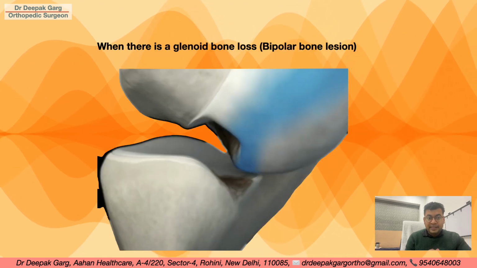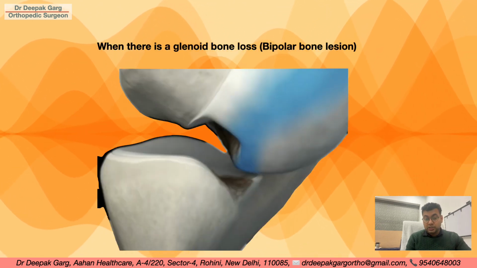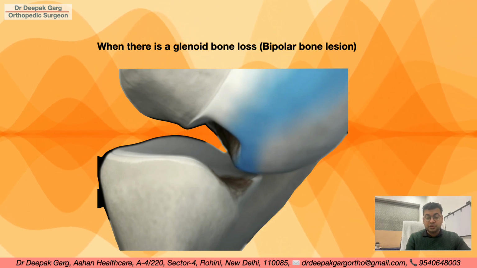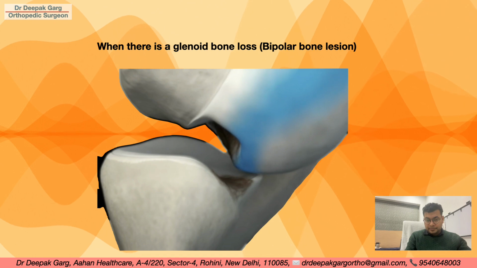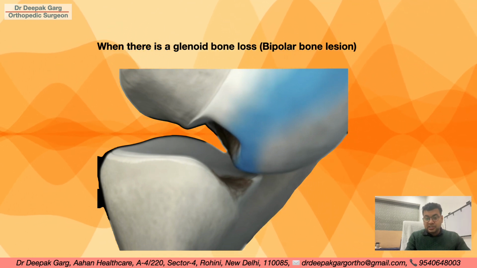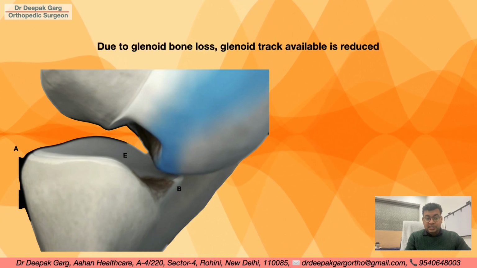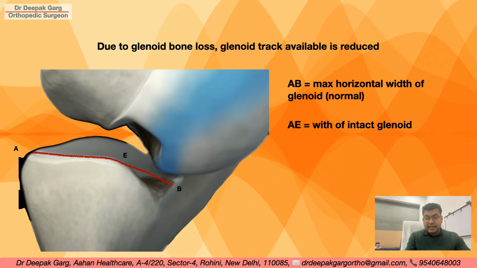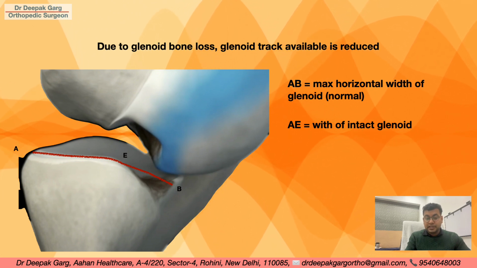Now when there is glenoid bone loss with bipolar bony lesions, that means the Hill-Sachs lesion is also there and the Bankart lesion is also there, how will we evaluate this? Again in this situation we calculate AB, the maximum horizontal width of the glenoid.